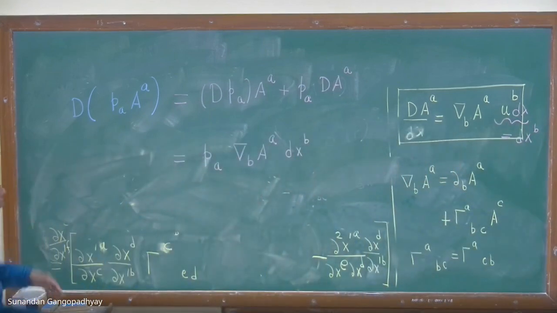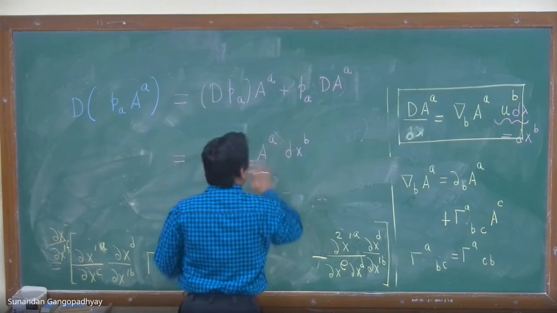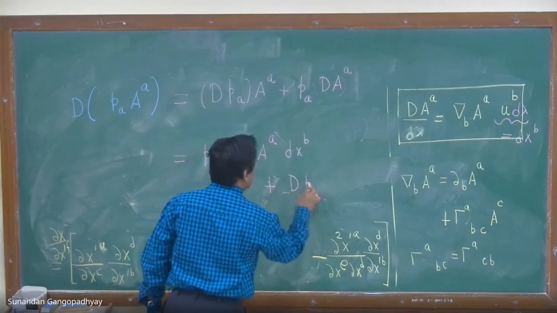That is how I define u^B: dx^B by d lambda. So this part I know, I put it here, plus I have DA^a.